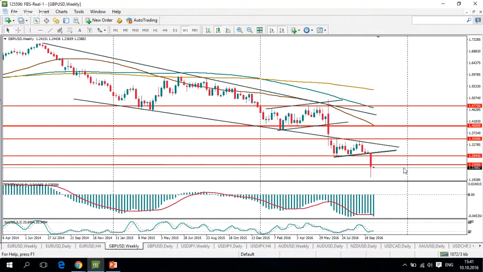As for the prospects, we can see that data released in the UK during the past week were mixed. On the one hand, all three PMIs of the United Kingdom, I mean manufacturing PMI, construction PMI, and services PMI, exceeded expectations. But on the other hand, industrial production contracted in August, and manufacturing growth was weaker than expected.